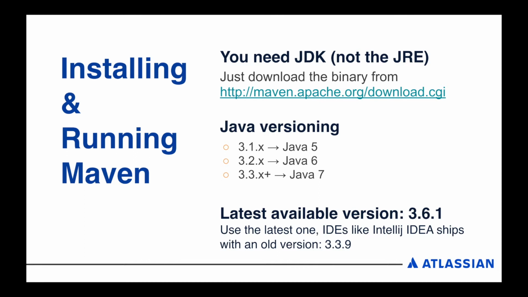The latest available version of Maven is 3.6.1, and it can be downloaded from maven.apache.org, and it supports Java 7 and onwards. I'm going to use IntelliJ for demonstration, and IntelliJ 2019.1, which is the latest version of IntelliJ IDEA, ships with an old version of Maven bundled, which is 3.3.9. I also advise you to update it.